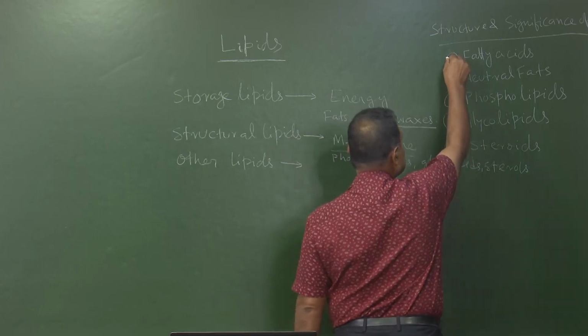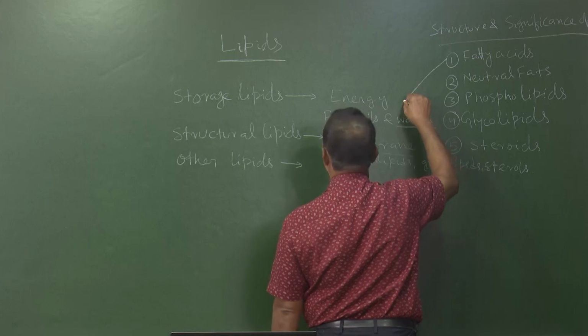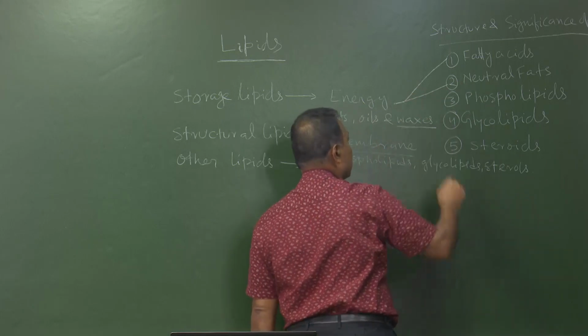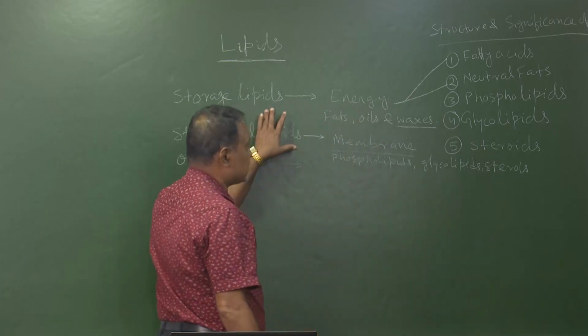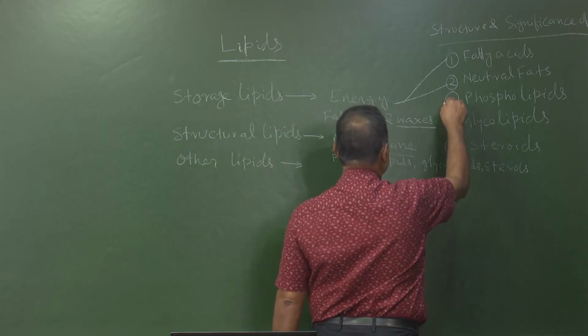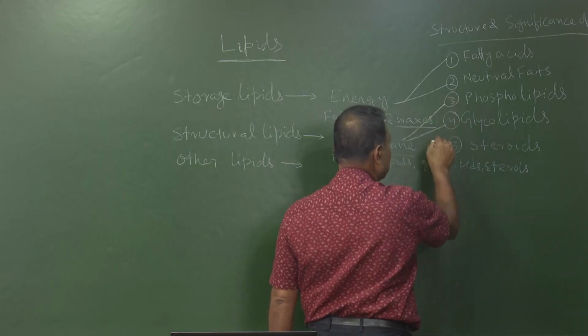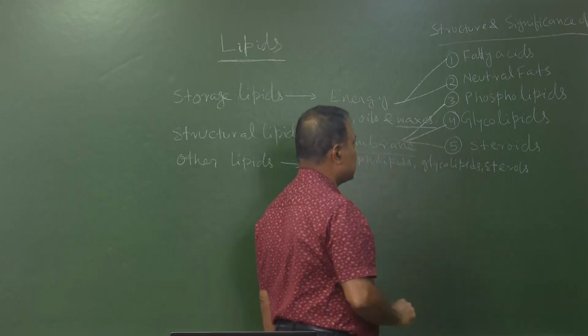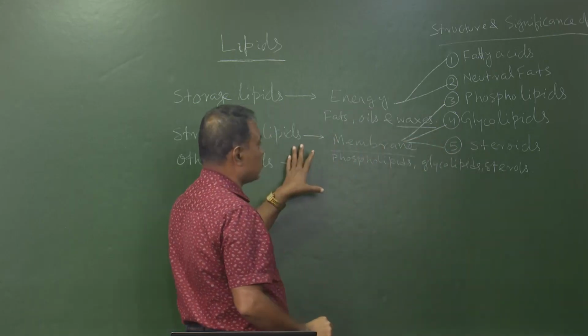So fatty acid and neutral fat will be under storage lipids. Then phospholipids and glycolipids, and also the steroids, come under the structural lipids.